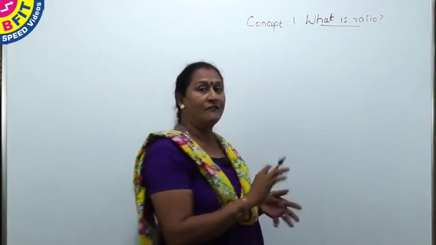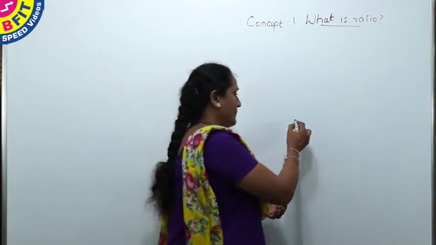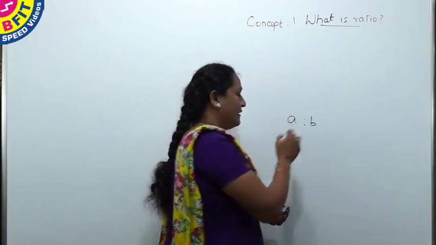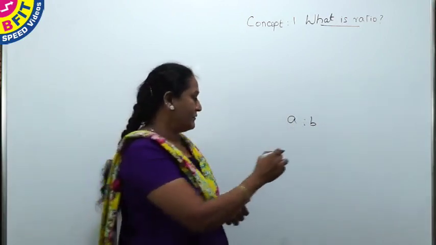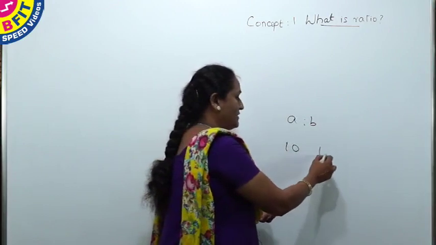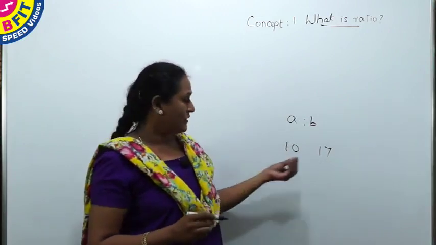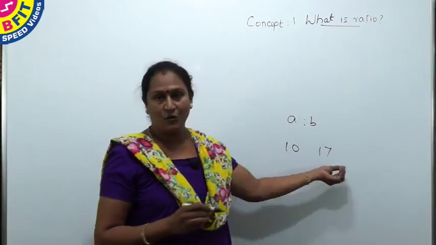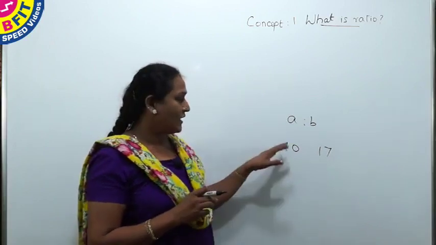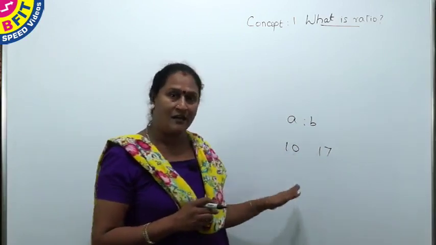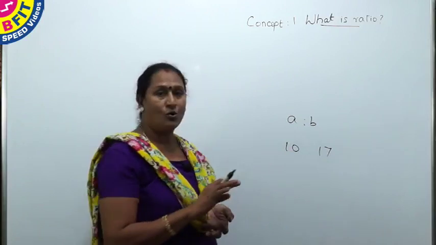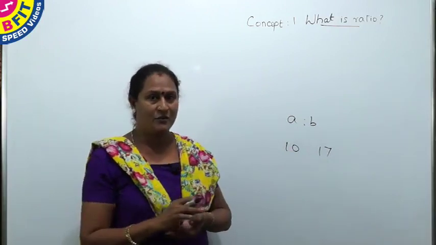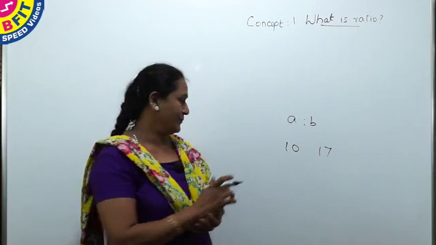You don't have negative ratios. Say A is to B, two values 10 and 17. This B's value is 7 more than A's value, and A's value is 7 less than B's value. We have only more or less concepts in ratios, no negative ratios.